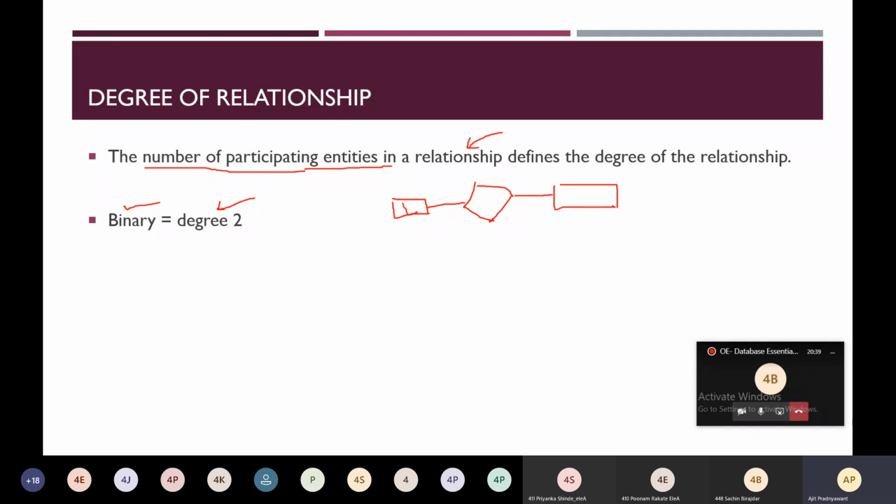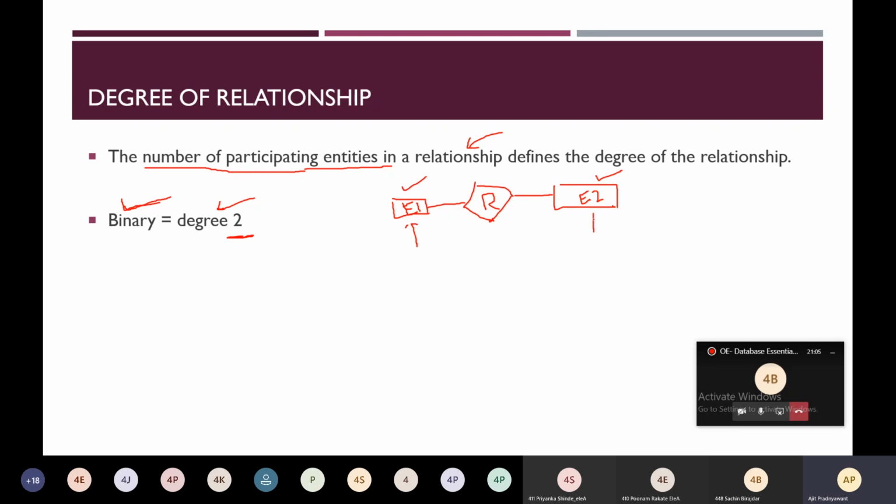This is our entity E1, this is our entity E2, and this is our relation. So in this relationship, we have two entities. That's why it is called binary, and the degree is 2, because there are two entities.